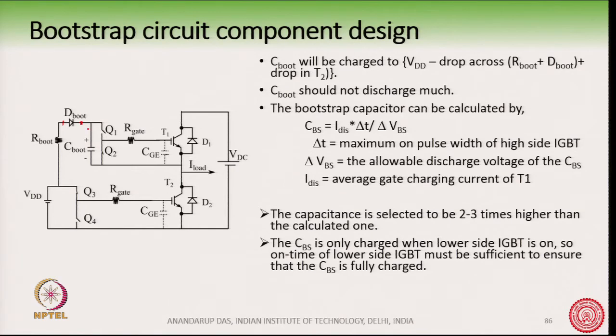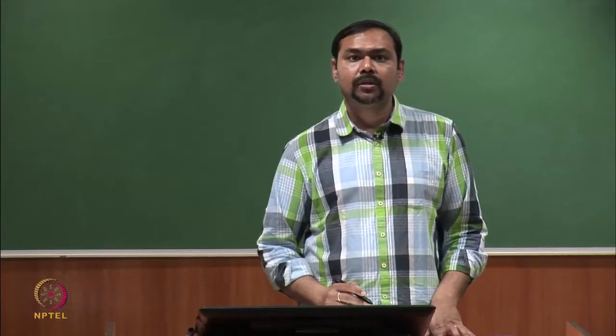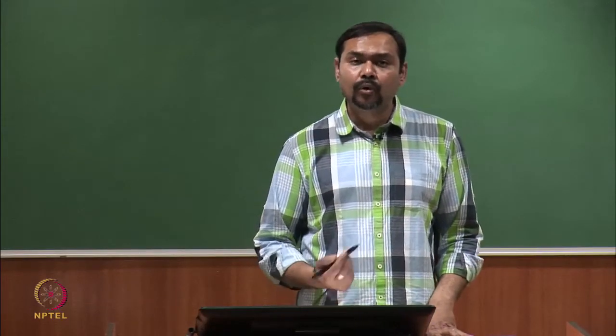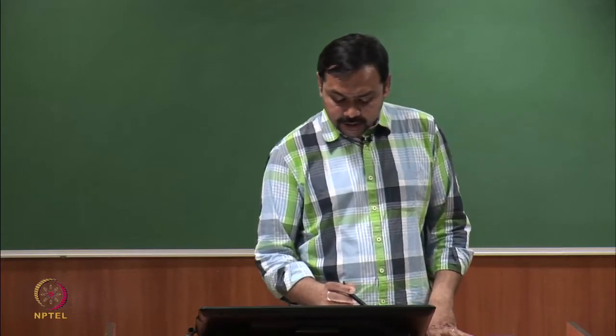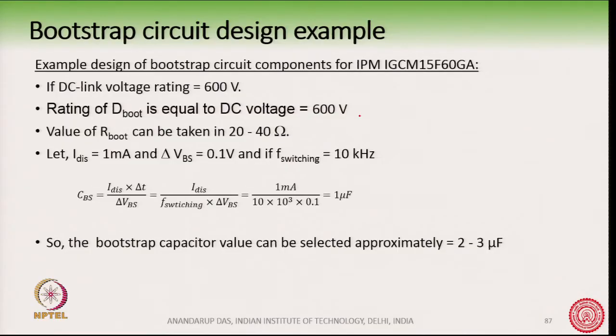So, how much is it blocking? You can see that it is blocking the full DC bus voltage. So, the voltage rating of D boot must be equal to or more than the DC bus voltage, and then R boot you can find out yourself, because we are doing an RC time constant.